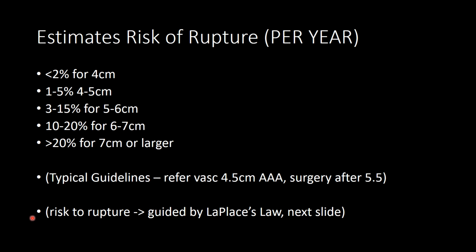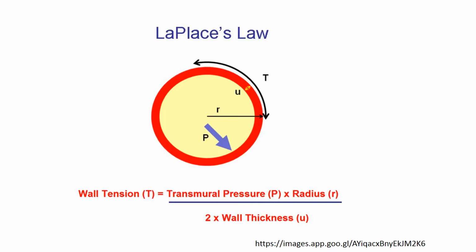The risk of rupture is guided by the physics principle in Laplace's Law, which we'll go through on the next slide. As you see here in this diagram, Laplace's Law is listed as the wall tension being directly proportional to the transmural pressure and the radius of that vessel. Thus, the tension as demonstrated here is going to be directly proportional to that radius size.